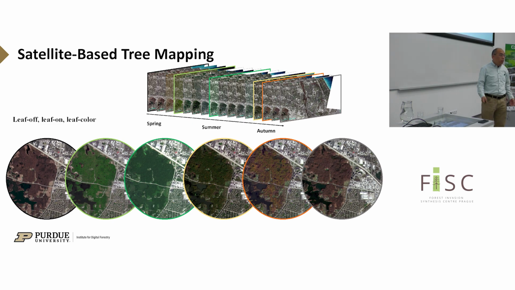So images, again, are much more available these days at your fingertips. Here's another example. Can we use images to do tree mapping, to do species, especially these invasive ones we care about? Well, these images, like from Planet, it orbits the Earth on a daily basis. Even if clouds cover it, without cloud you have a picture of this.